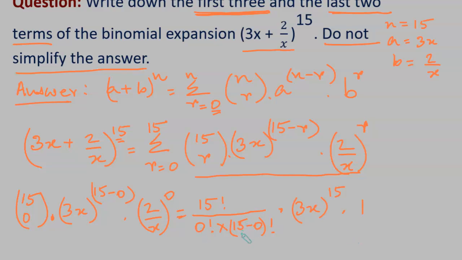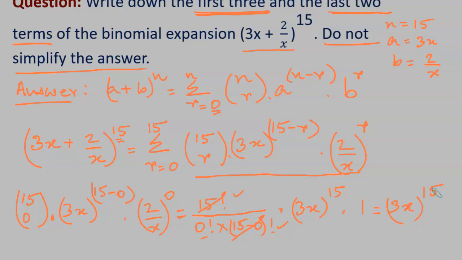Now 15 factorial in the numerator, 15 factorial in the denominator, and 0 factorial is 1. Therefore, this is equal to 1 times (3x) to the power of 15, that is (3x) to the power of 15. They have not asked us to simplify, so I am not simplifying.